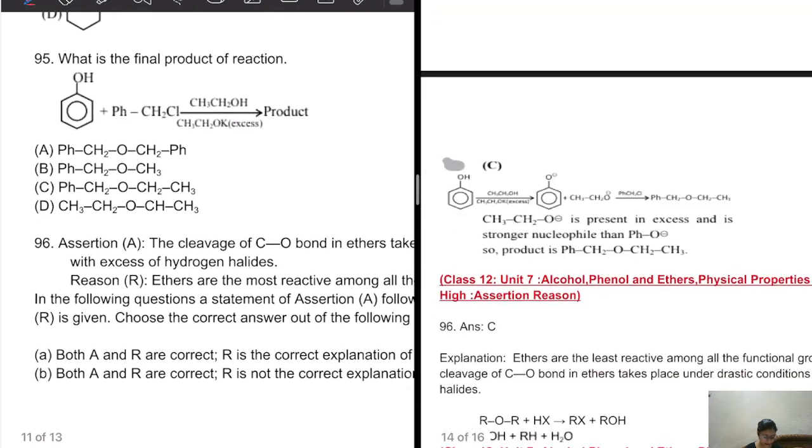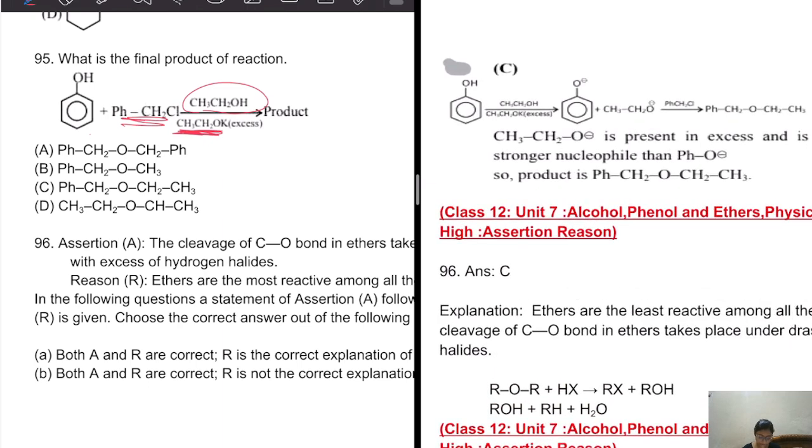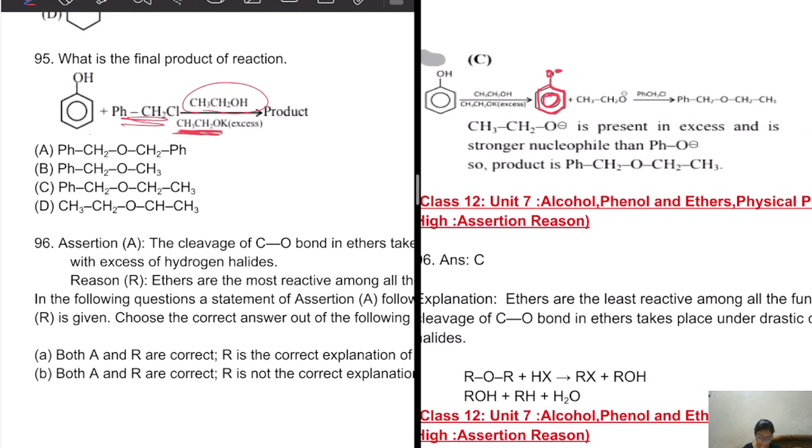What is the final product of the reaction? This is the reaction given to us. This is our oxide, and this is ethanol, and this we have PhCH2Cl, and phenol is given to us. Firstly, we will have the phenoxide ion. Now see what can happen. We have two nucleophiles here.